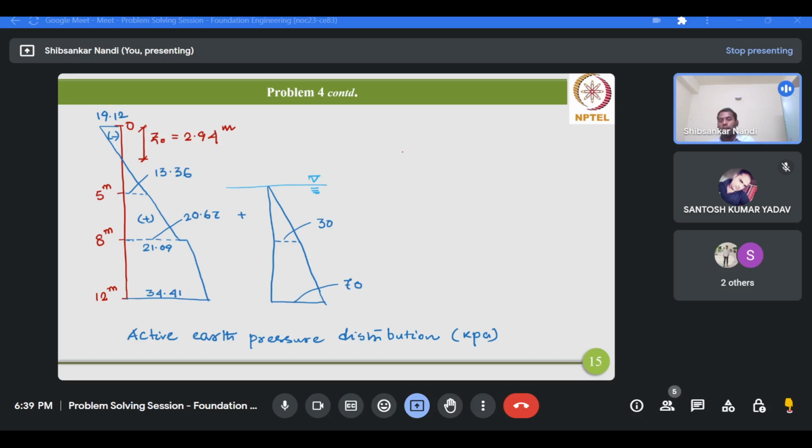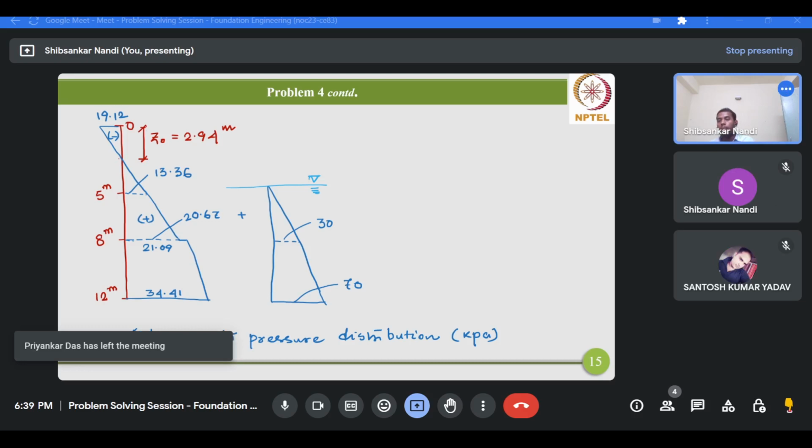Once the tension crack is formed, there will not be any connection between the soil and the retaining wall. So the soil in the tension part will be separated from the wall. That means this above part you have to ignore.